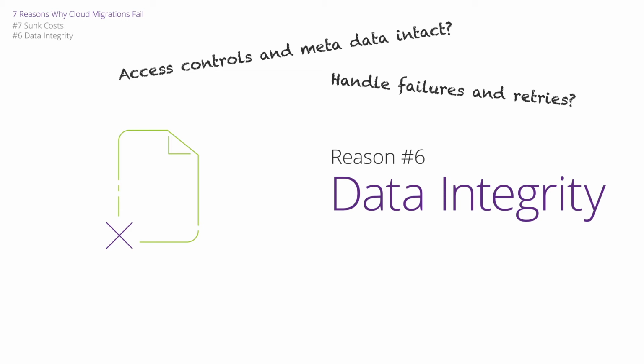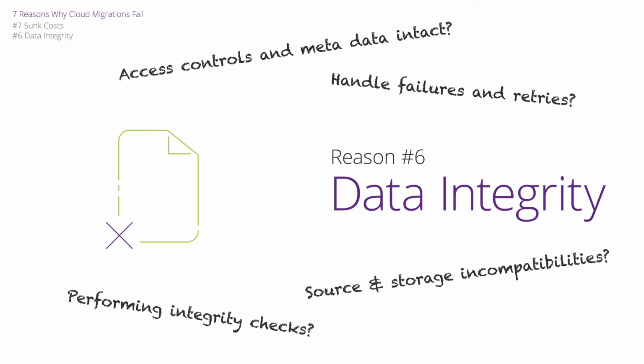So handling all of these manually becomes very, very difficult. Are you performing an integrity check like an MD5 checksum on every file? Are you handling for incompatibilities between your source and destination storage and how they handle permissions? All of this has to be taken into account. So preserving data integrity during data migrations can be very, very tricky.